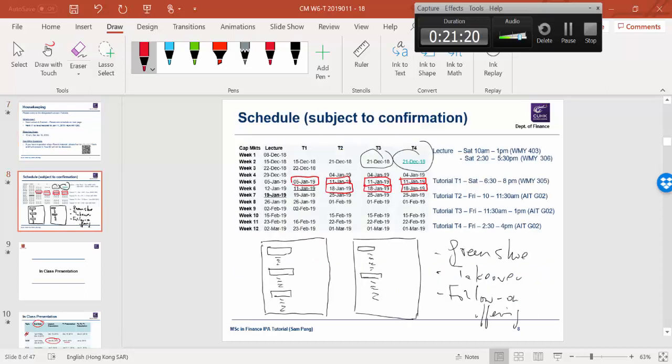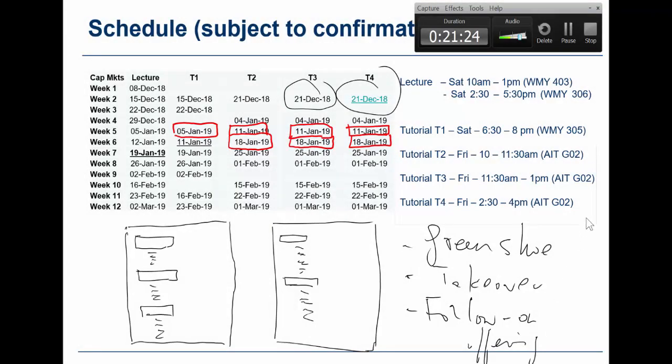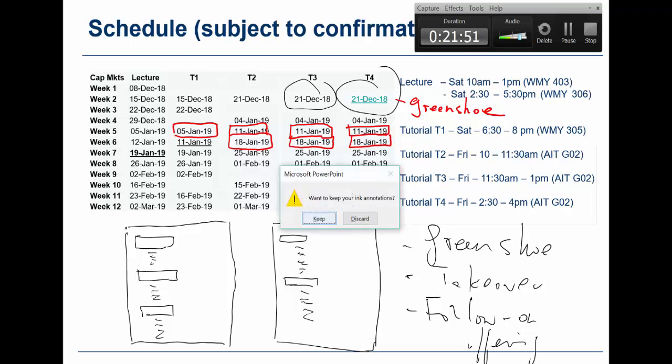When you see this timetable here, when there is a hyperlink like this one, when you click on it, it's going to take you to a YouTube channel where that part was recorded. So for this one, I recorded especially some coverage on a green shoe because I know people have problems with that.